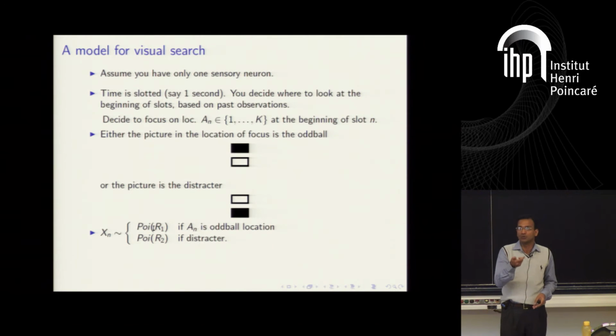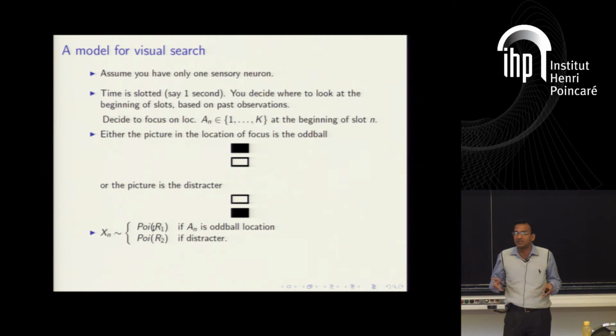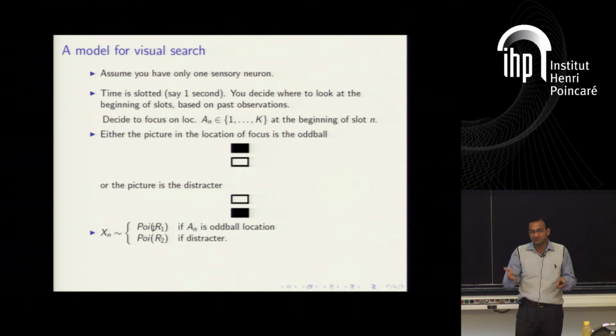So what you will observe is a certain number of points, and for those familiar with sufficient statistics, it's enough to keep just the number of points in this particular slot. And so the observation can be taken to be a Poisson random variable whose parameter is R1. Now, if you happen to look at a position where there is a distractor, your observation is a Poisson random variable with the parameter R2. The rate is R2, your time slot is of duration 1, so Poisson random variable with R2 times 1.